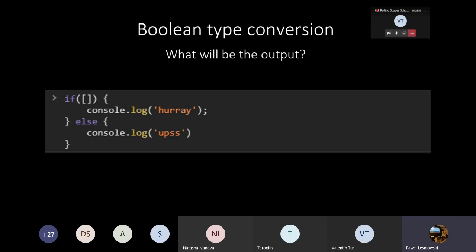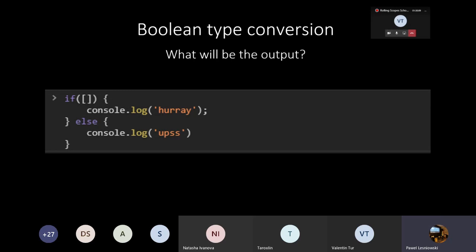So how do you guys think? What will be the output of these lines of code? Will we receive hooray or oops? You can write in the chat. This is a quick question.